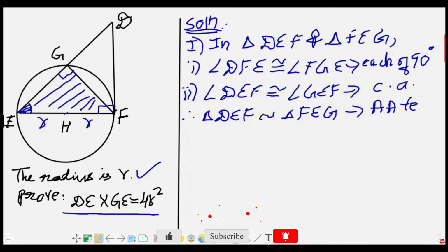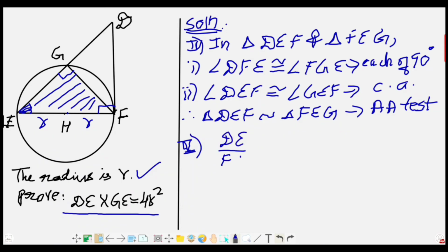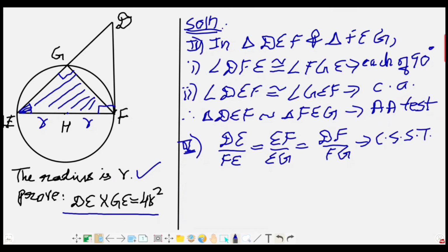You know that once the triangles are similar, the ratio of corresponding sides is the same. So in my fifth point, I can write DE upon FE is equal to EF upon EG, which in turn is equal to DF upon FG. The reason: they are the corresponding sides of similar triangles.